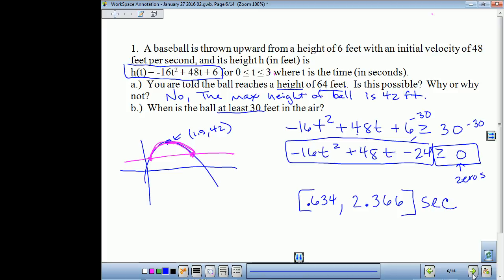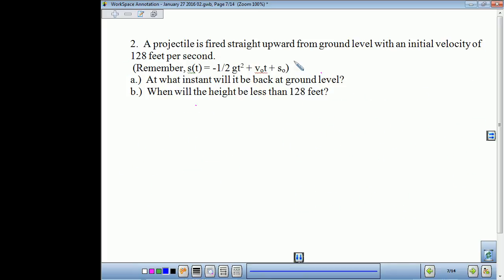Okay, let's look at one more with projectile motion. And they gave you the general form here. G is talking about gravity, right? V naught is talking about initial velocity. A lot of times they use H, but they used S naught in this one for the initial height.